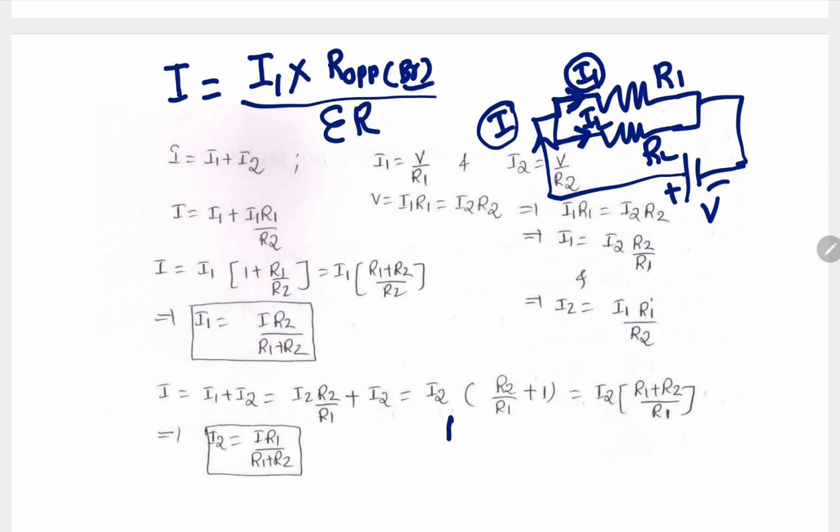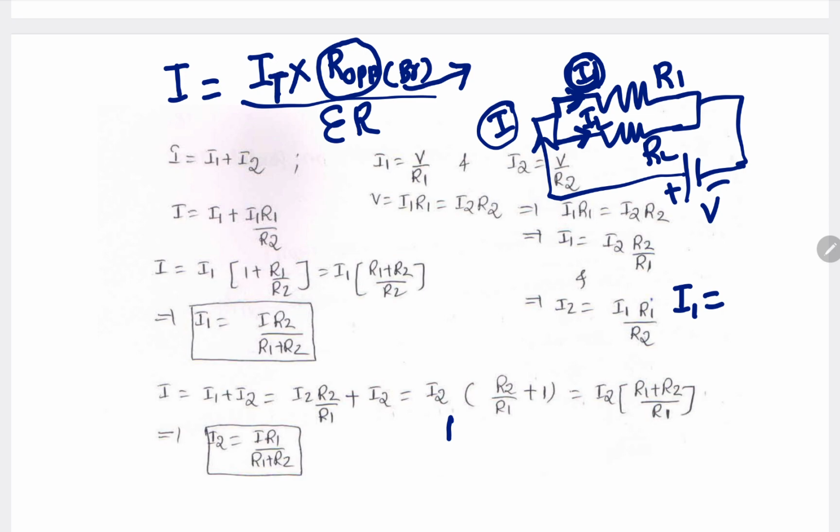Here, opposite branch resistance means, in the branch where we are finding the current, the resistance of the parallel branch. Opposite resistance means the parallel branch resistance we have to take. So for example, I want to find the I1 value. So I1 is equal to, what is the formula?